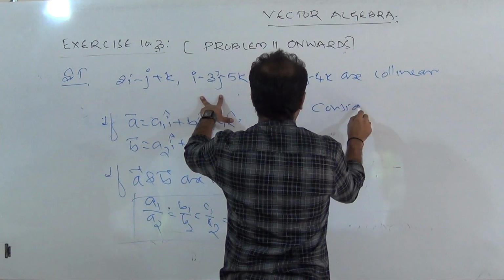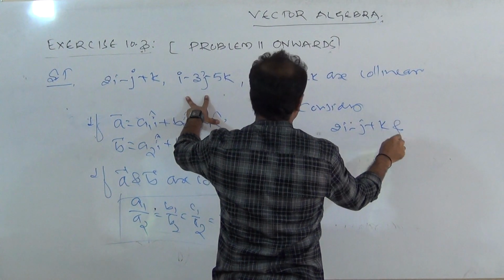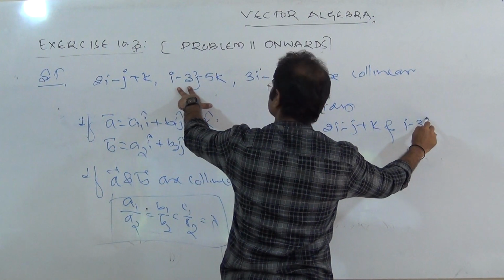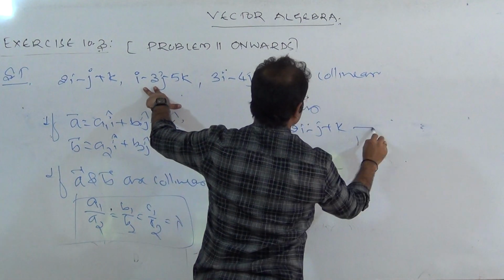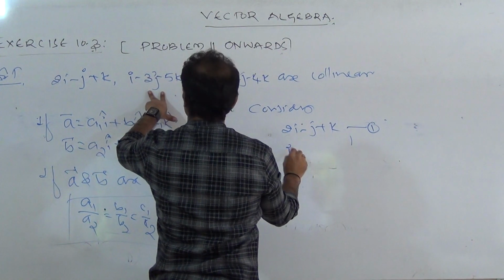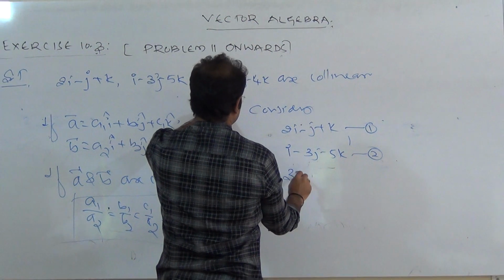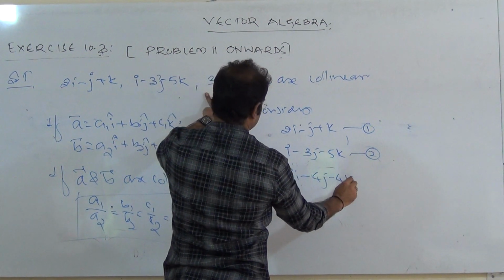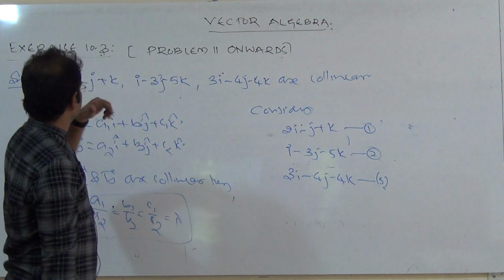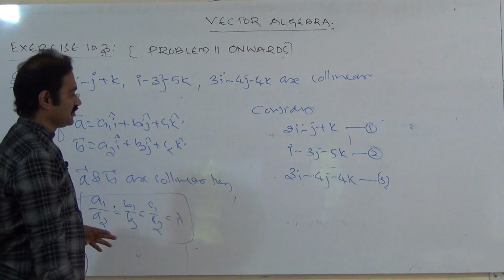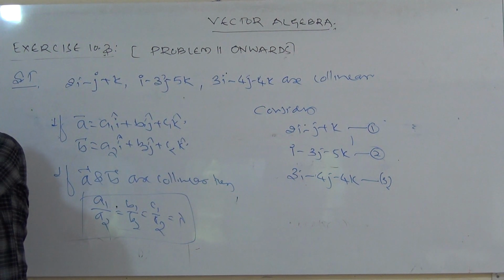Consider the vectors 2i minus j plus k, call this one equation number 1; i minus 3j minus 5k, call this one equation number 2; 3i minus 4j minus 4k, call this one equation number 3, right? It is given: show that these three vectors are collinear.